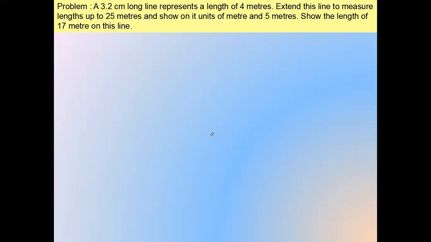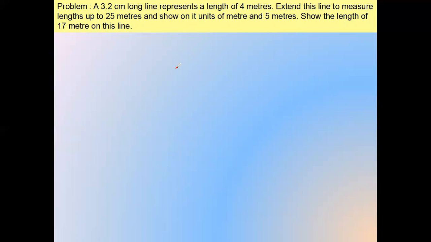Now focus on this slide and watch very carefully what steps I'm using here. First we read the question and try to identify what data is given. The problem says a 3.2 centimeter long line represents a length of 4 meter.